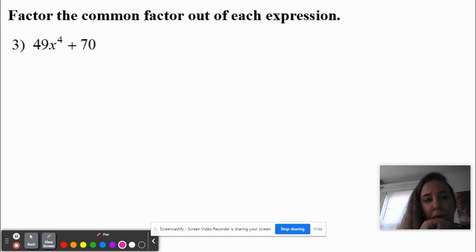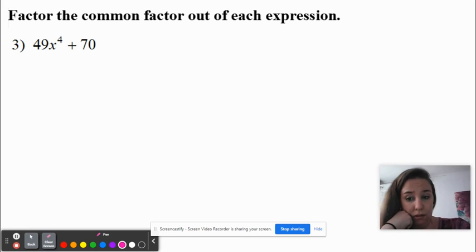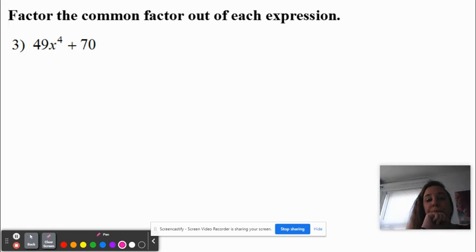All right, 49 and 70. Right now, 7 is jumping out at me. I know 7 goes into both of those. I'm trying to think if there's a bigger number that goes into both of those, and I'm not seeing it. We don't even have to worry about signs this time. That's nice because there are no negatives anywhere on here.